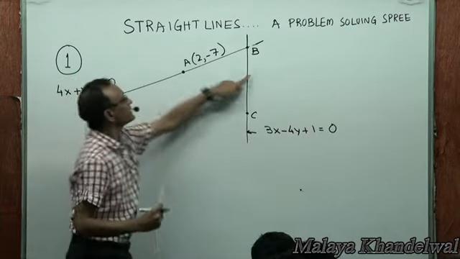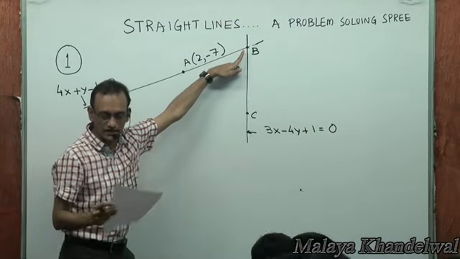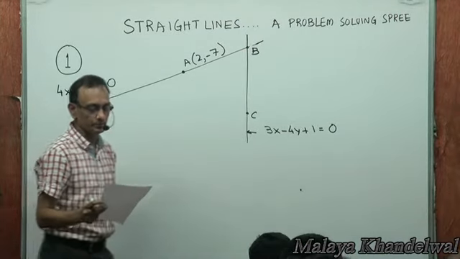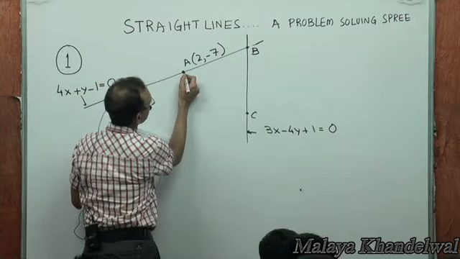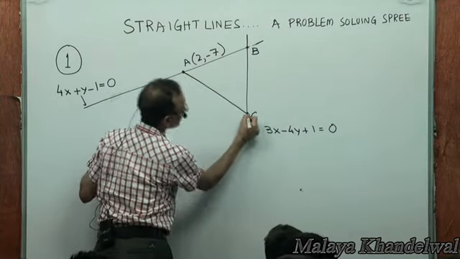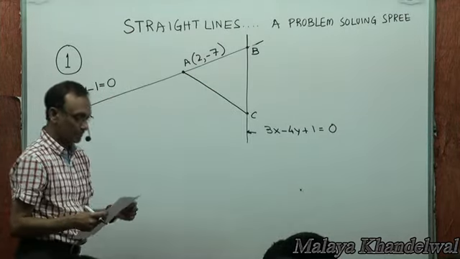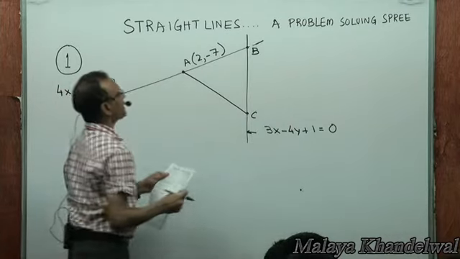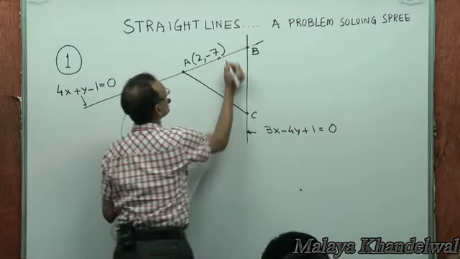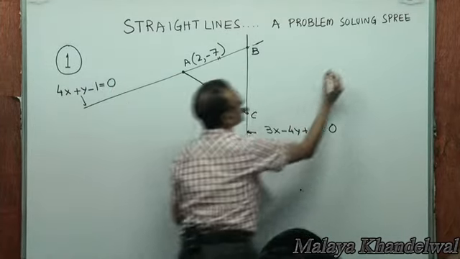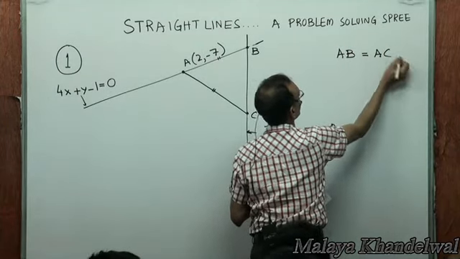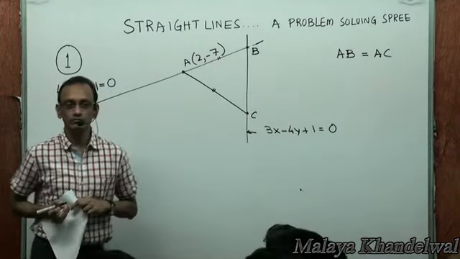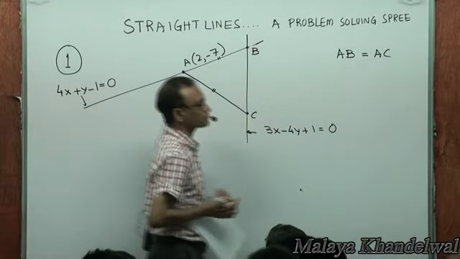The two lines are known to intersect at B. Find the equation of the line AC. We want to be able to find the equation of the line AC, given that AB equal to AC. Right? That's what we want to be able to do.